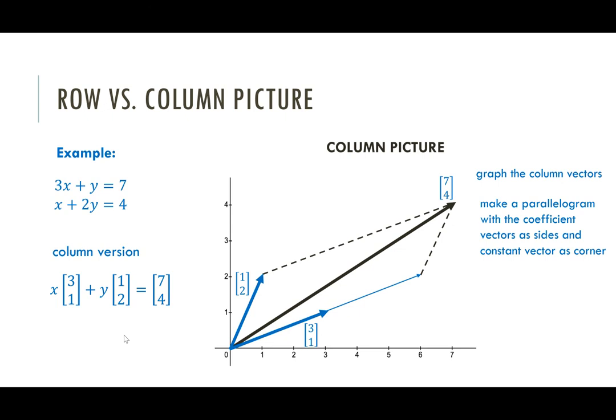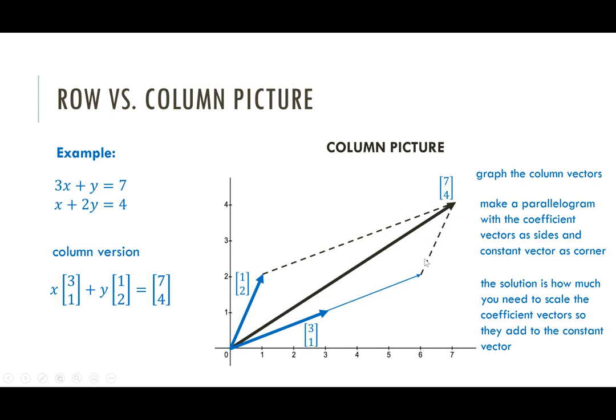The next step is to say the solution is how much you need to scale the coefficient vectors so they add to the constant vector. That's what this parallelogram is doing. However much you need to scale this side to get here, and however much you need to scale this vector to get this side, those scaling factors are going to be your x and y.